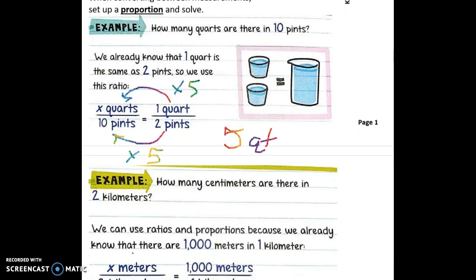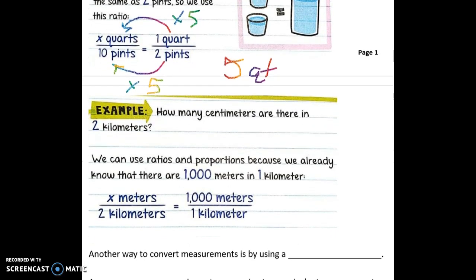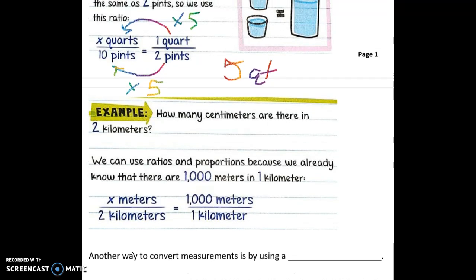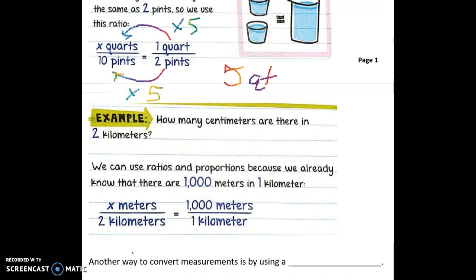Alright, so our next example says, how many centimeters are there in 2 kilometers? We can use ratios and proportions because we already know that there are 1,000 meters in 1 kilometer. And we learned that from our conversion chart. Alright, so let's use the hamburger method that we know. If we move from 1 kilometer to 2 kilometers, that's multiplying by 2.